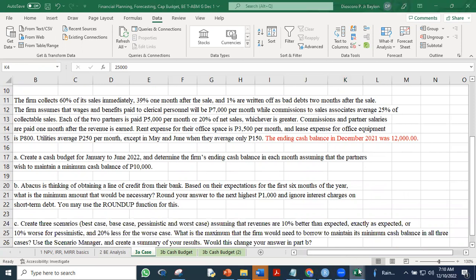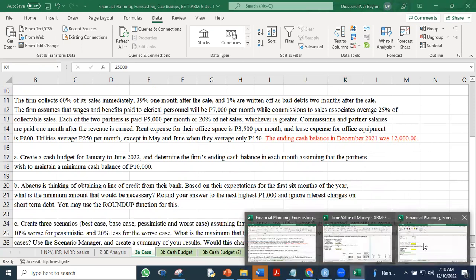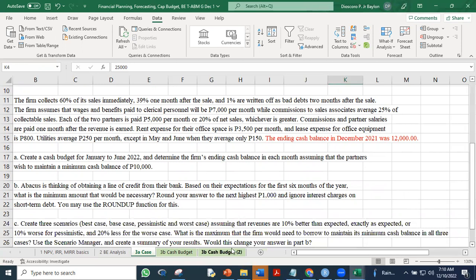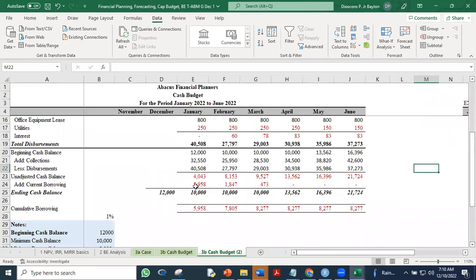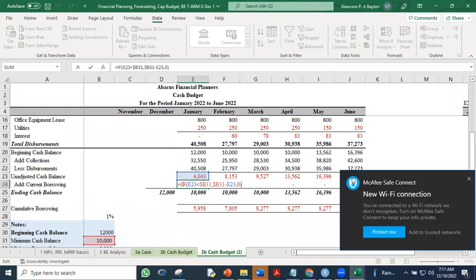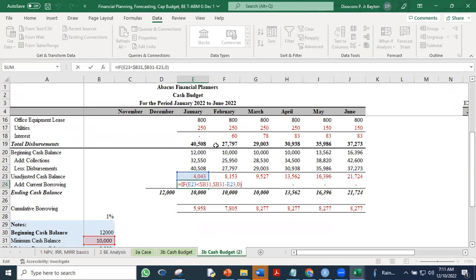So let's take a look at the formula. If the unadjusted cash balance, if E23 is less than the 10,000, then it means that we have to borrow. And how much do we have to borrow? It's 10,000 minus whatever this unadjusted cash balance is.